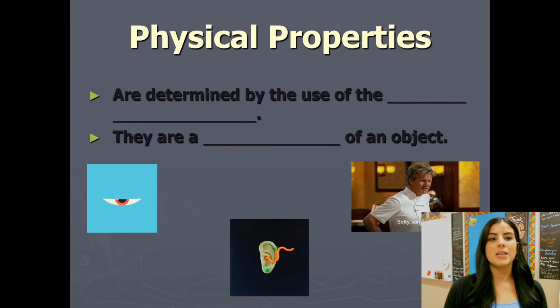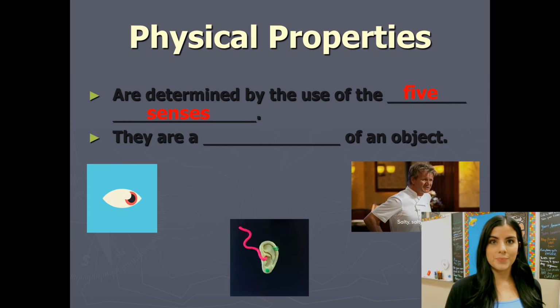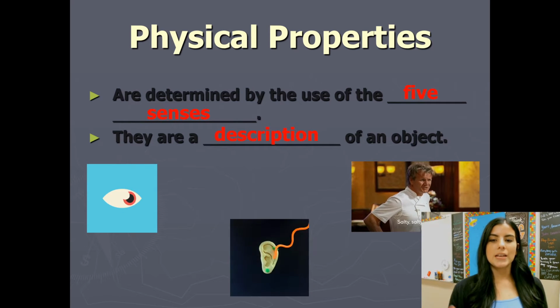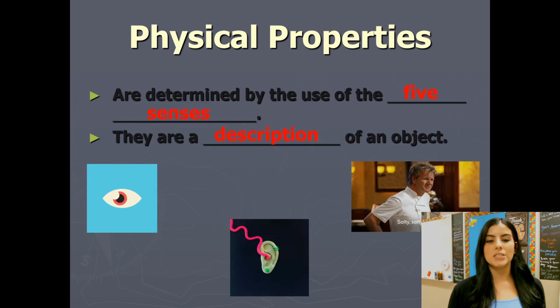Physical properties are determined by the use of the 5 senses, okay? And they are a description of an object. And as we know, the 5 senses are sight, hearing, smell, taste, and touch.